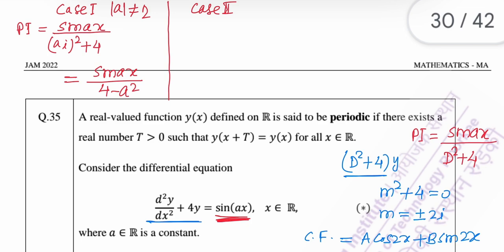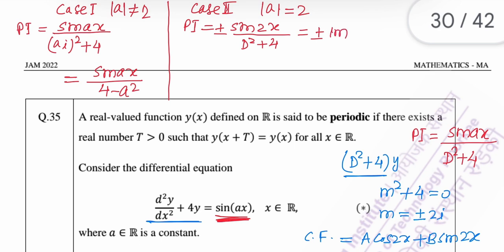Now case 2, when mod a equals 2, then our PI will be sin, and mod a equals 2 means a equals plus minus 2, so here will be plus minus sin 2x by D squared plus 4. To solve this one we have to use the exponential function.